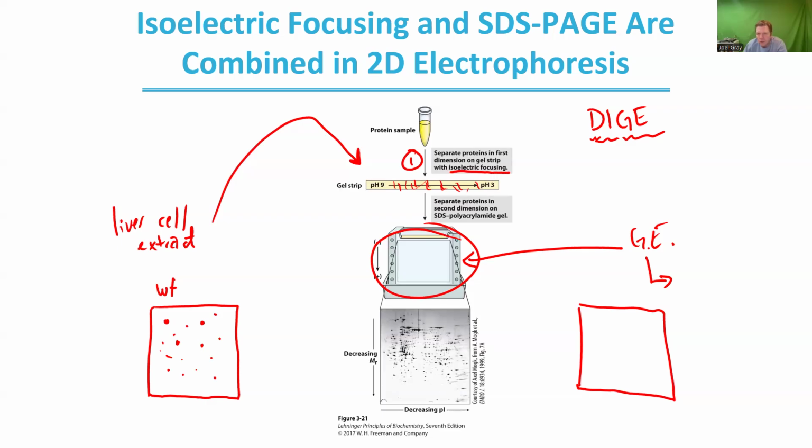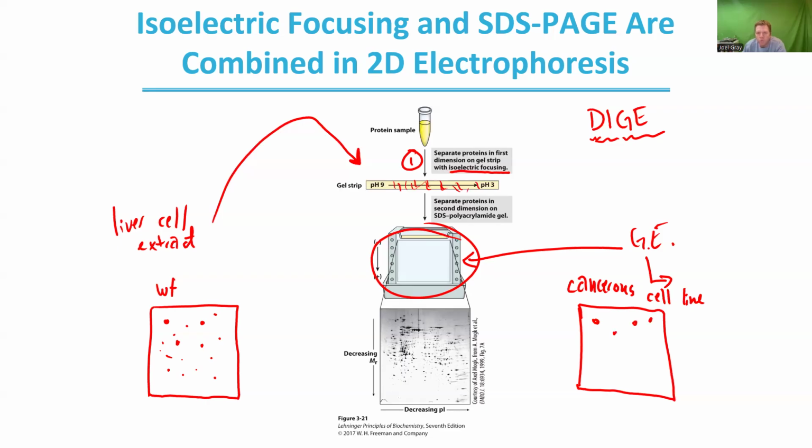Now, you can then compare that to a cancerous cell line, or somebody who has some sort of potential disease state. And you can look at the liver cell from the healthy individual and from the unhealthy individual.